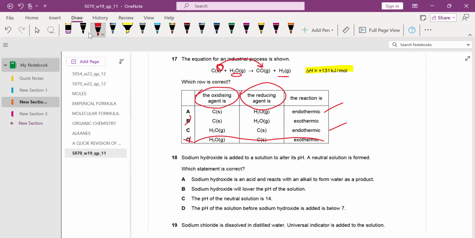So when the hydrogen loses the oxygen, H2O is the oxidizing agent and C is the reducing agent. So option C is correct for question number 17.